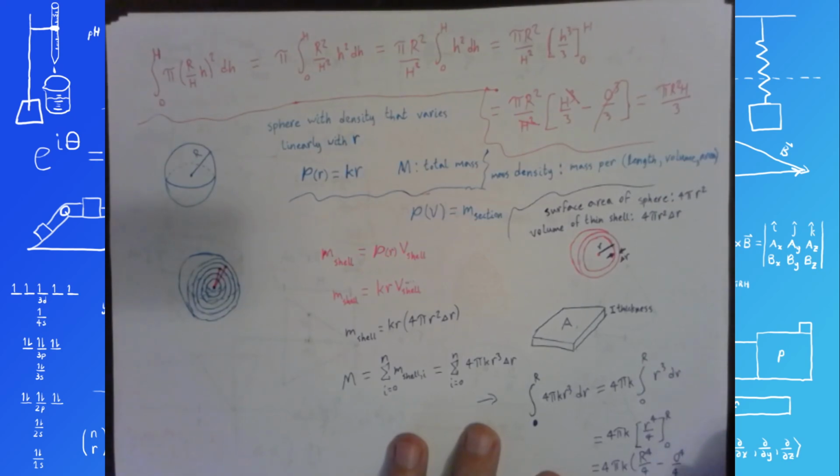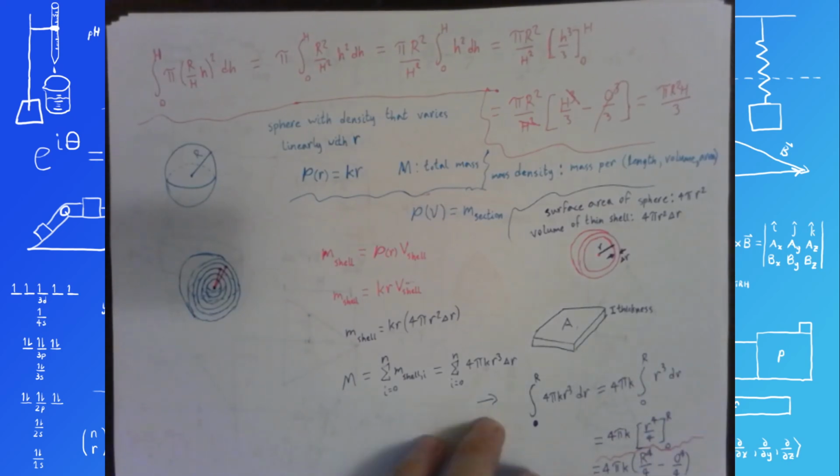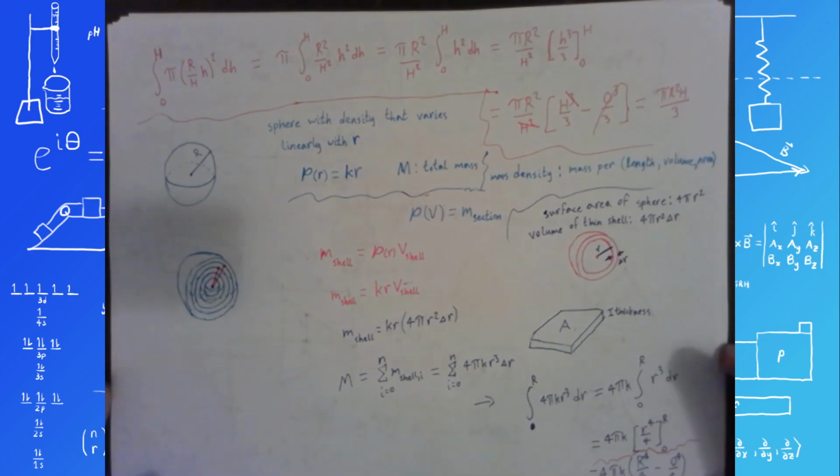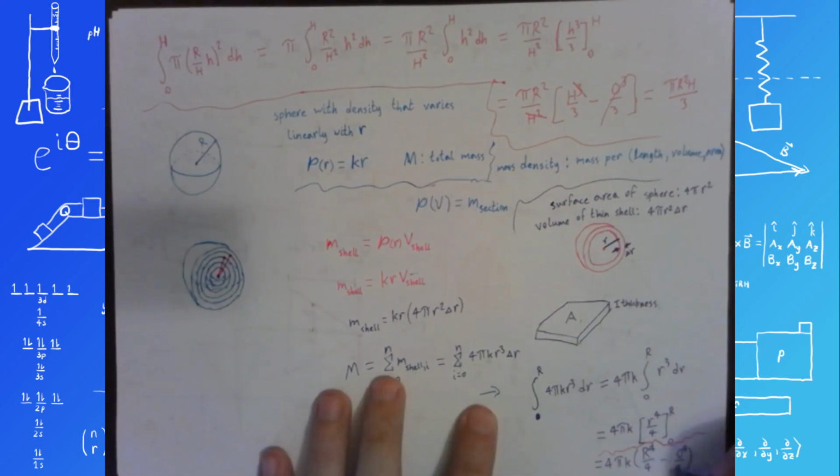I probably should not have written all this stuff so close to each other. Let me see if I can use a different color, yeah, that should make it a little bit more readable. There we go. And then 0 to the 4th over 4, that's just gone.